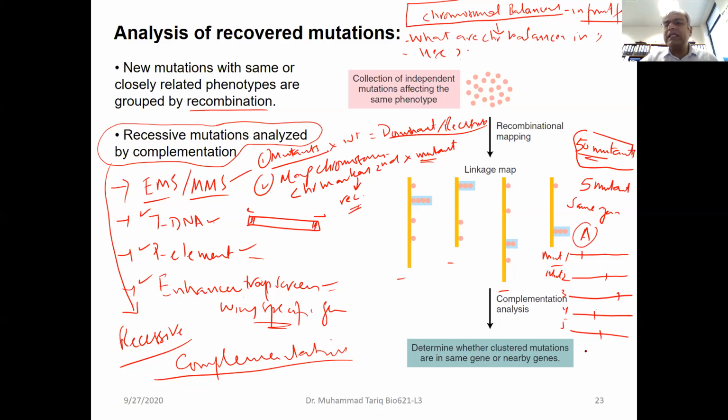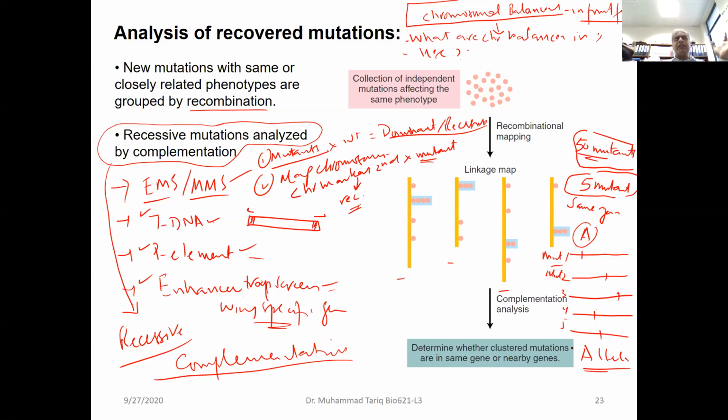And what do we call this, when the same gene exists in different forms? Alleles. These are alleles of A. Now, out of 50, how do you know I carry 5 mutants within the same gene?